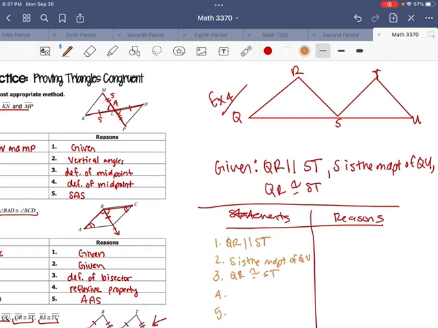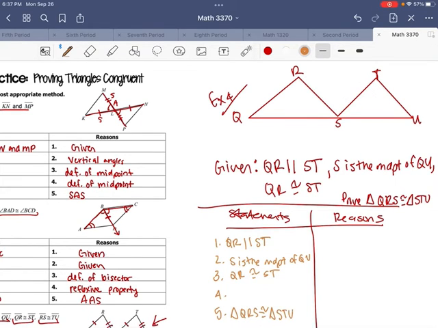I want to prove triangle QRS is congruent to triangle STU. So that would go in my last box.